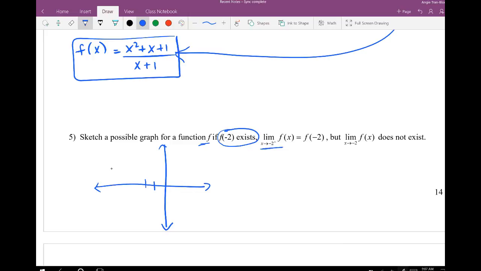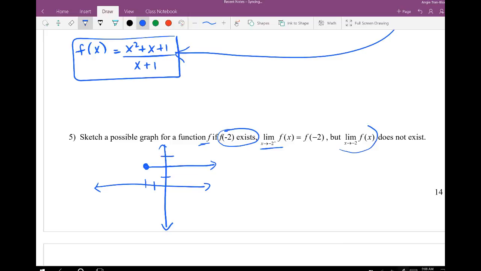The limit as x approaches negative 2 from the right is exactly the same as f of negative 2. Well, how about we make negative 2 positive 2, because it exists, right? And the limit approaching from the right side is identical to f of negative 2. That works.